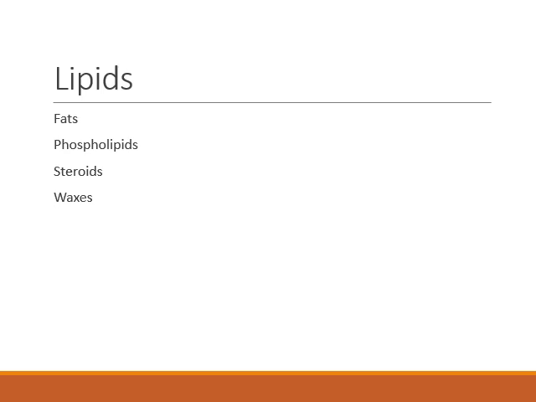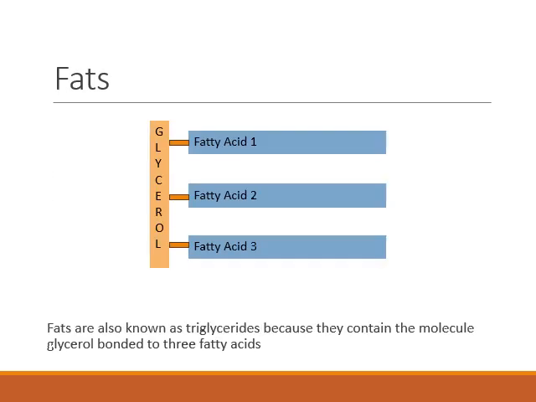So we're going from this carbohydrate glycogen, and we start to convert it into fats or phospholipids or steroids or waxes. We use fats usually for very long-term energy storage. It takes a lot to break down the fat. These are also known as triglycerides. Why? Because there are 3 fatty acid components attached to a glycerol molecule.